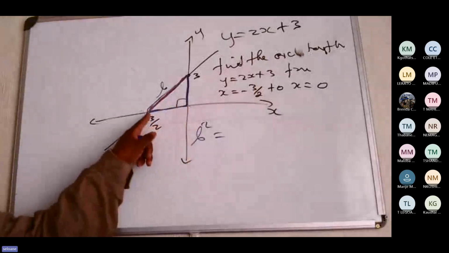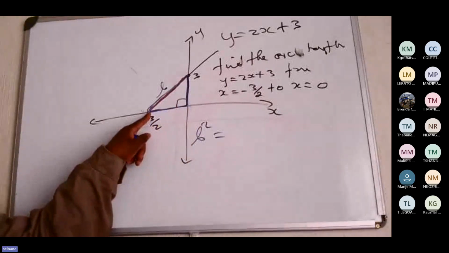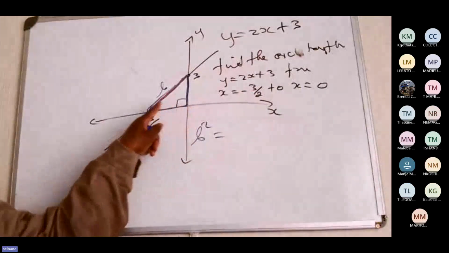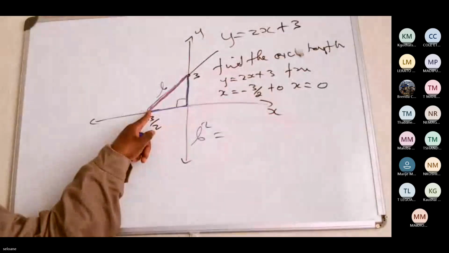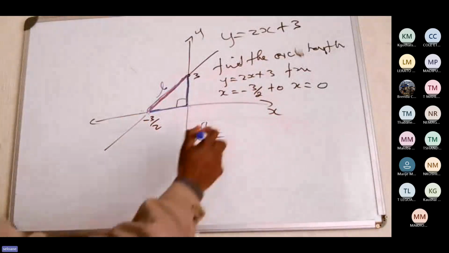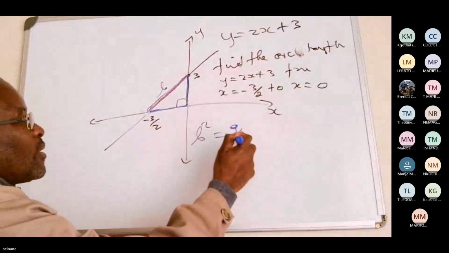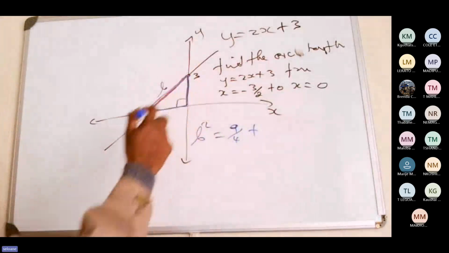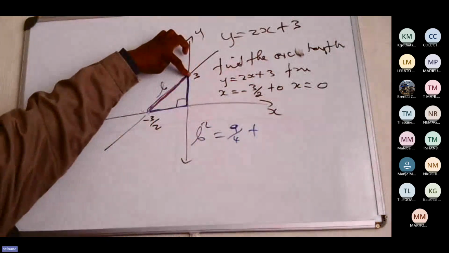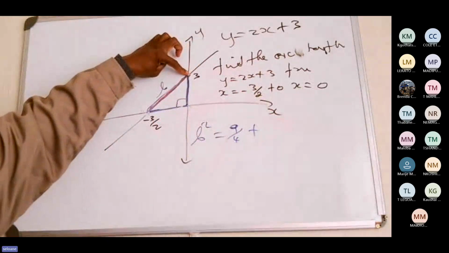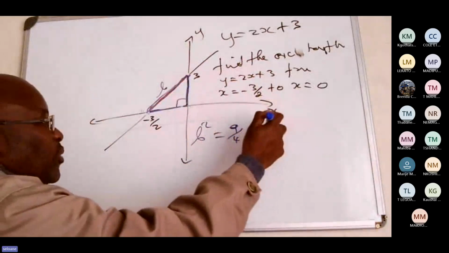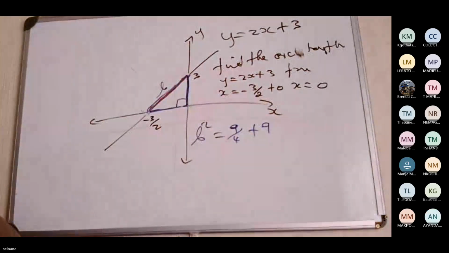And from here to here, if x here is minus 3 over 2, therefore from here to here is 3 over 2. Therefore, you square it, it will be 9 over 4, plus this side, y here is 3. Therefore, from here to here is 3. This side squared will be 9.